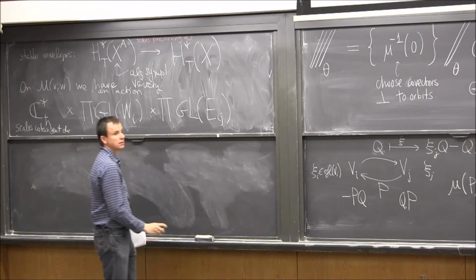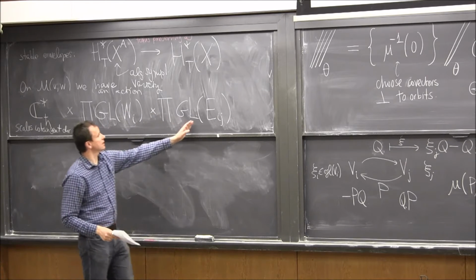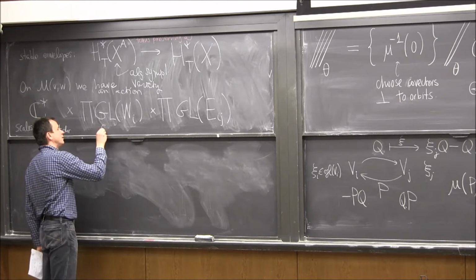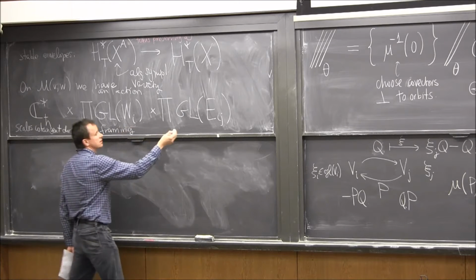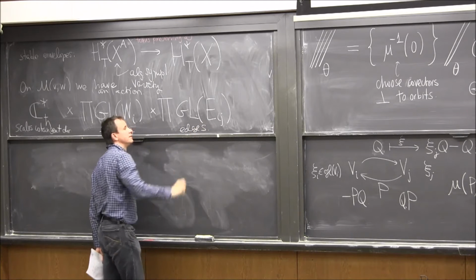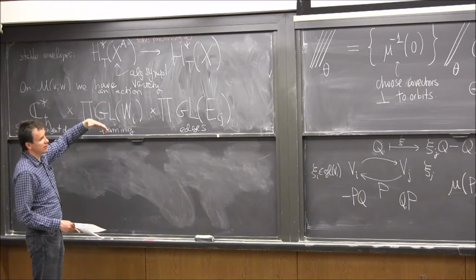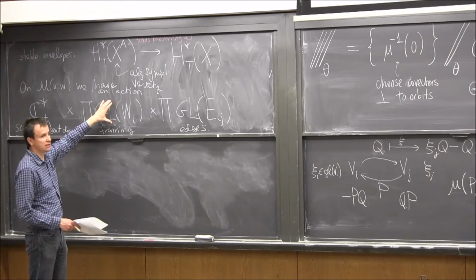The difference between this and this: people call this a change of framing, and this is called the action on edges, on the arrows in my quiver. This acts trivially on arrows, and this acts non-trivially.